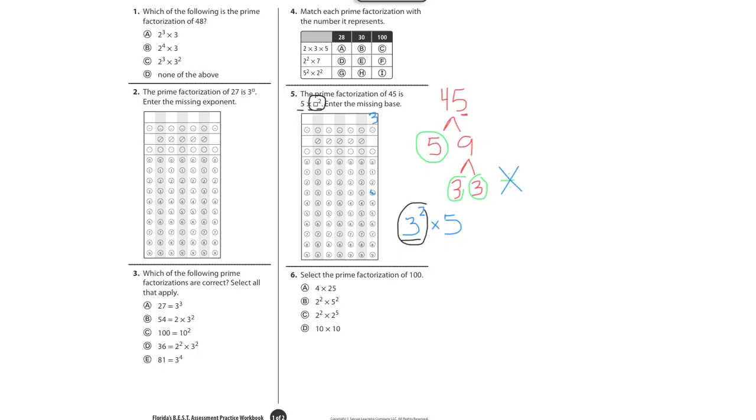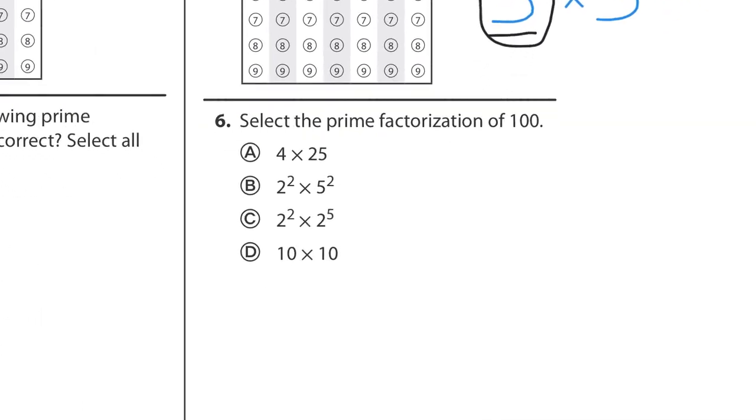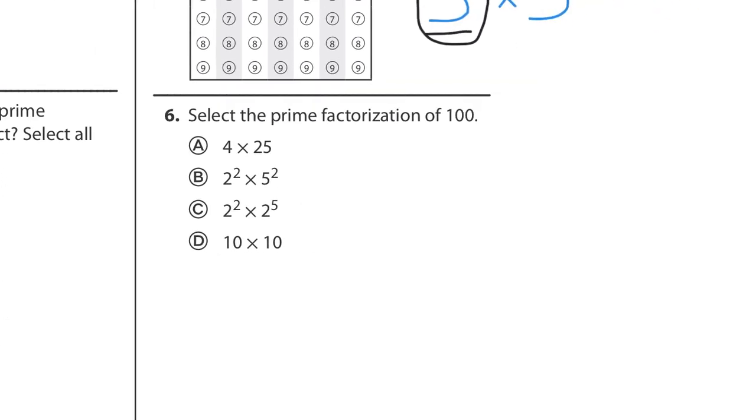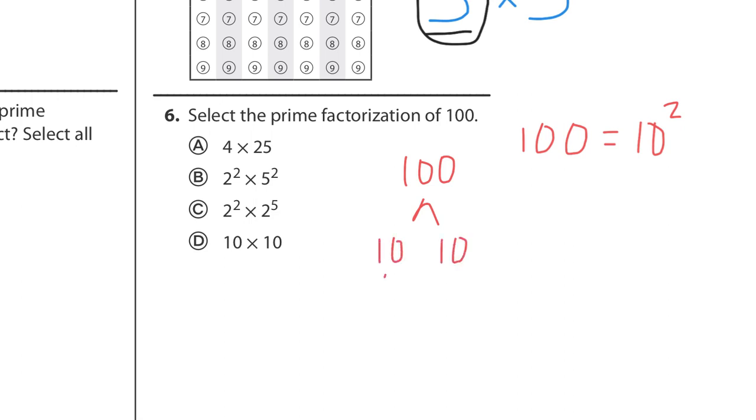Next problem is problem number 6. We need to know the prime factorization of 100. So 100, you should know it is 10 squared, or if we do our factor tree, we get 10 times 10, and 2 and 5 make 10.